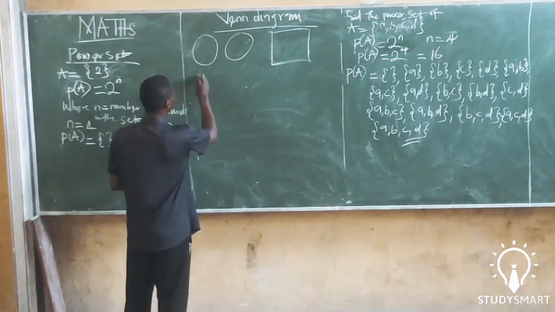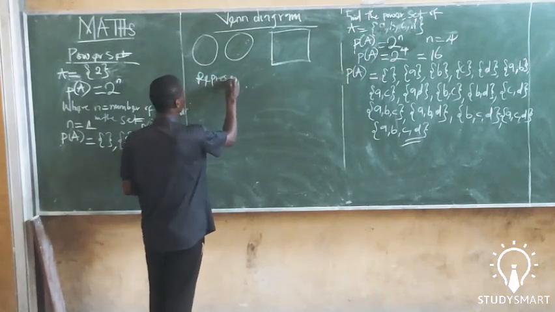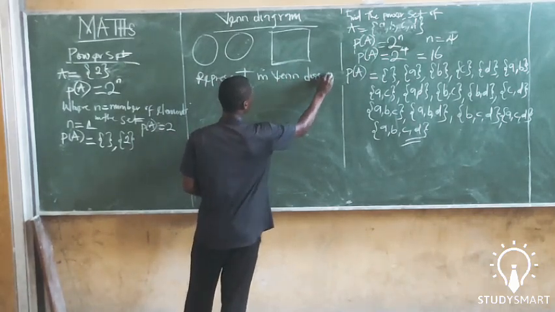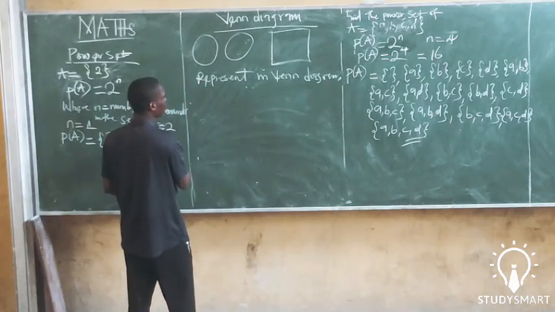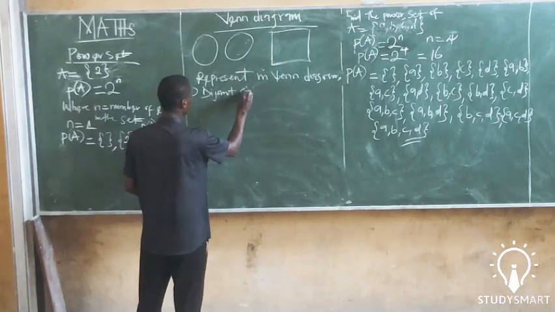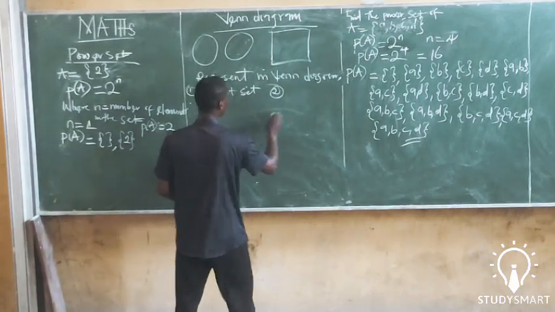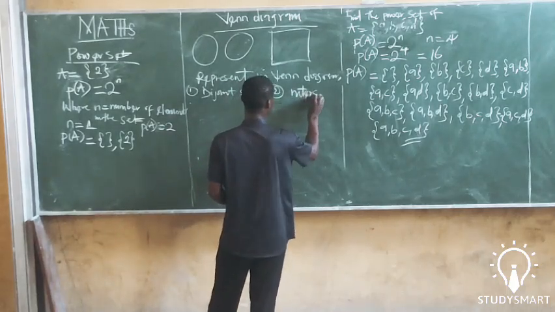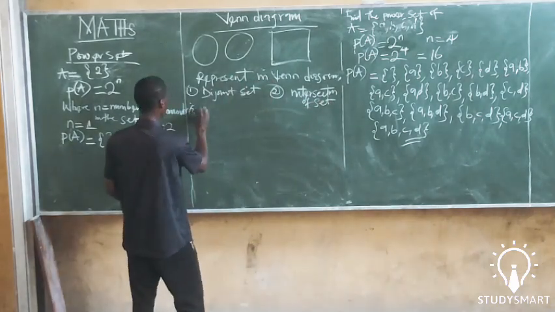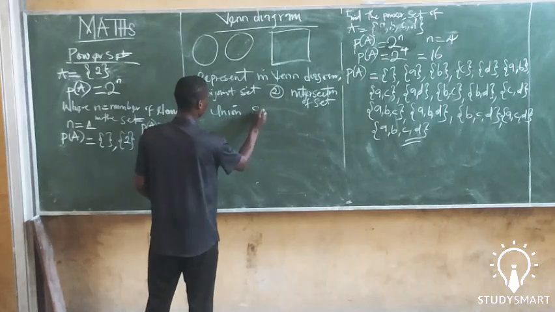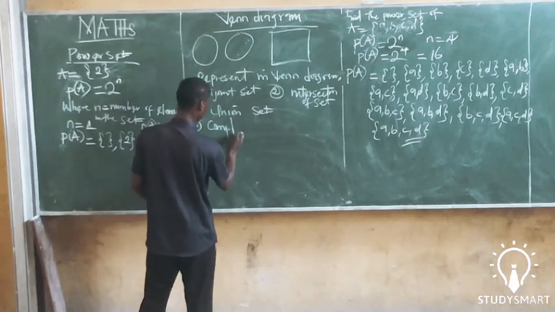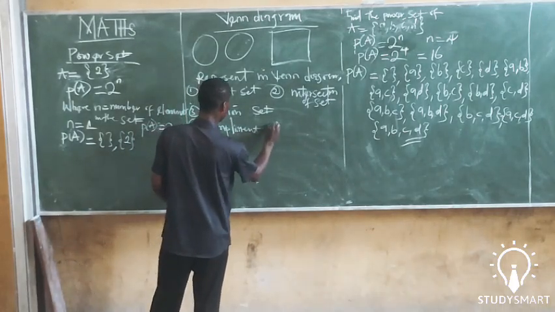Now let's represent in a Venn diagram: 1, a disjoint set. 2, intersection of sets. 3, union of sets. 4, complement of sets.